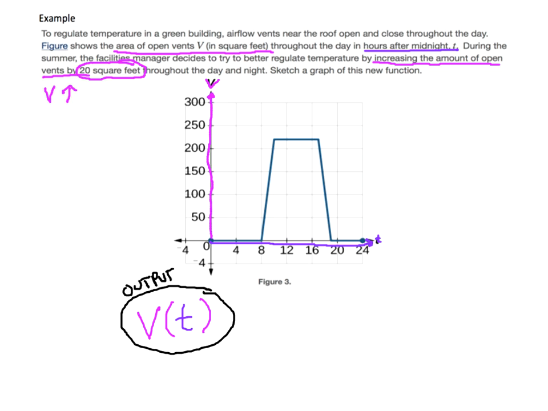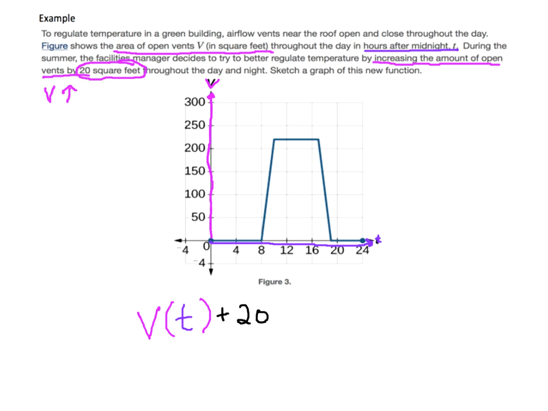With that output, which is the square footage of ventilation, I want to have at any given time 20 more square feet. So what this is going to do is shift everything up 20 units.